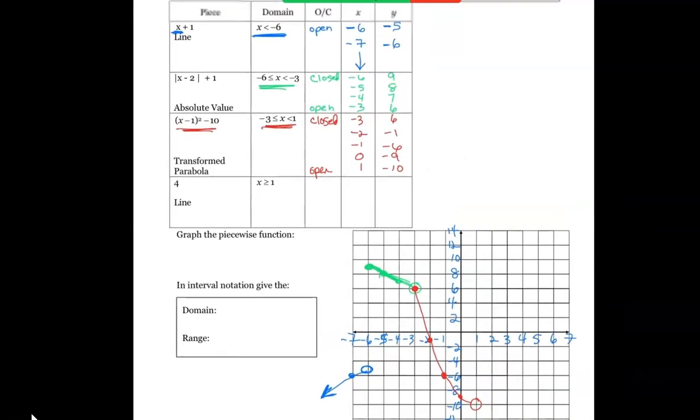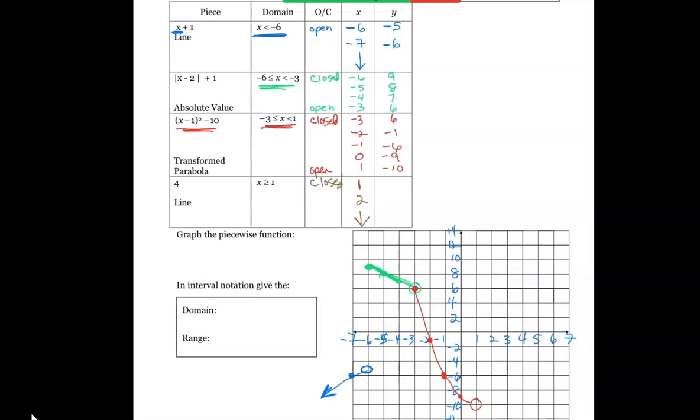We need one more color, so let's go with brown. The last one is going to be in effect when x is greater than or equal to 1. Again, I'm going to pick the 1, and I'm going to go 2, and give myself a line because I can keep going. This is going to be closed right here.